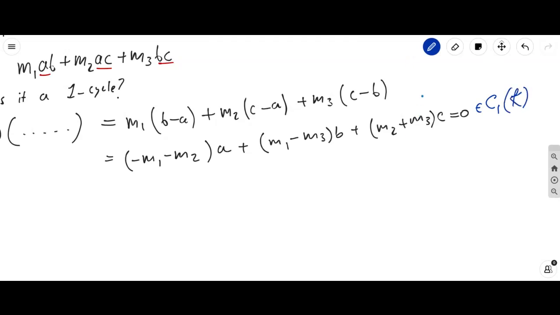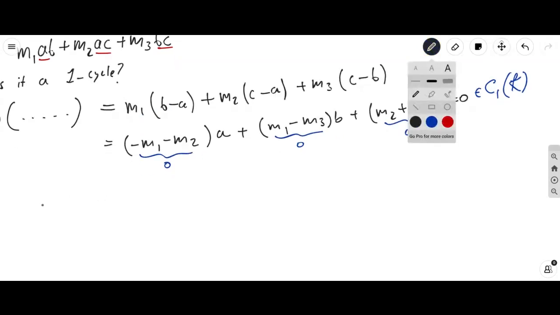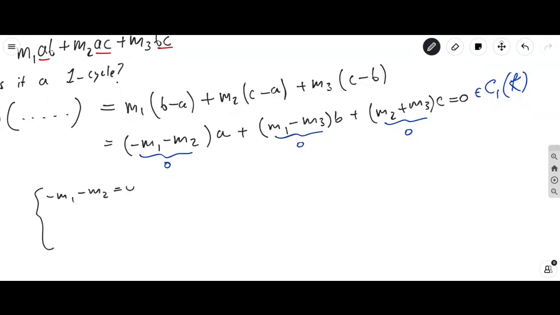The way that is achieved is by setting all of these equal to 0. So now if we set it equal to 0, here's what we have: minus M1 minus M2 is 0, M1 minus M3 is 0, and M2 plus M3 is 0. That's basically a linear system that we need to solve.